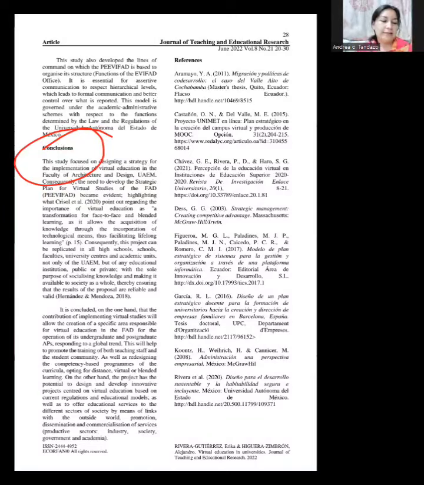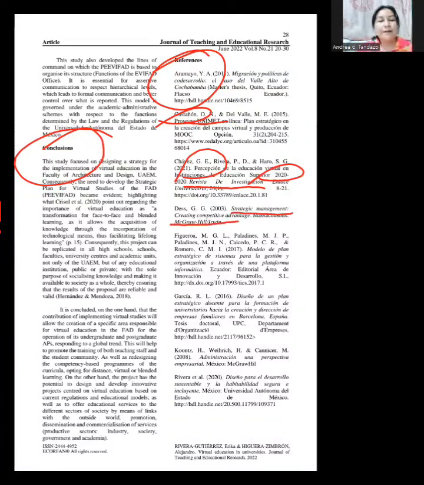Okay, in the references, we have the list of references for a journal article in APA, which must include the author, for example, here Castañón. In this part, the last name is followed by the first initials. For example, Chavez, the name is G.E. And the year of publication, for example, 2020. And the title of the journal, for example, Revista de Investigación, or Strategic Management Creating Competitive Advantage.